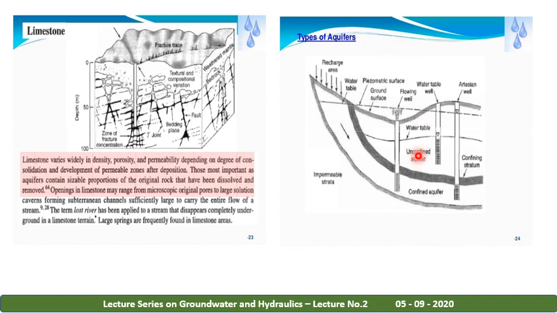That means whatever infiltration takes place on the surface, all that water will recharge this particular water table. And we have some bore wells which reach towards the confined aquifers. It may be confined or unconfined.